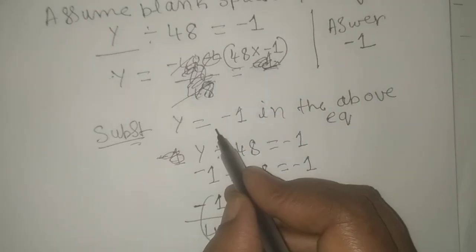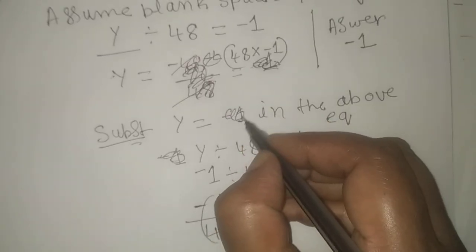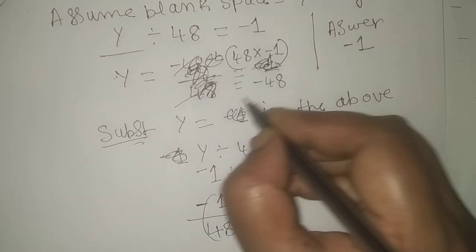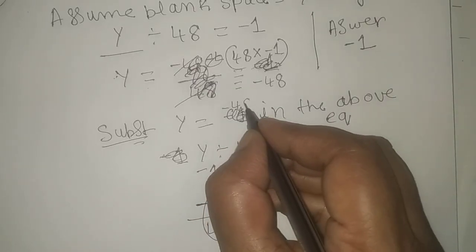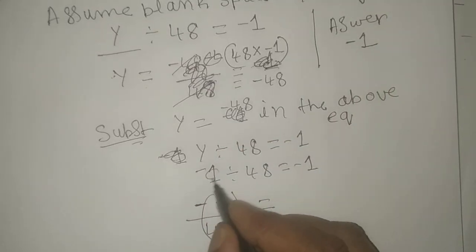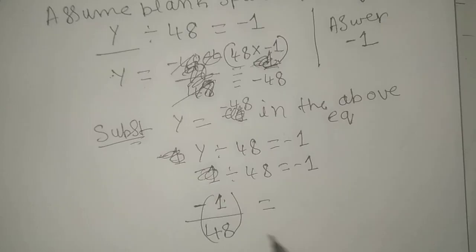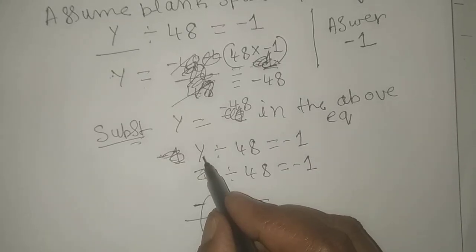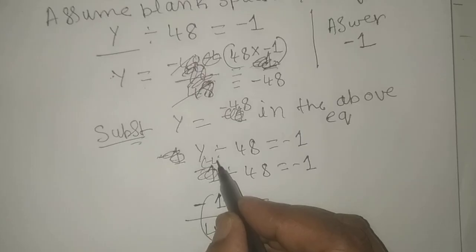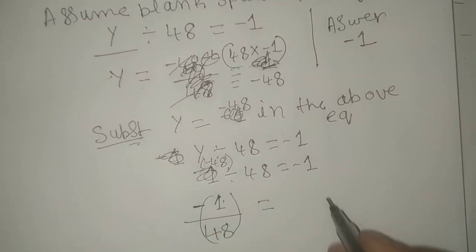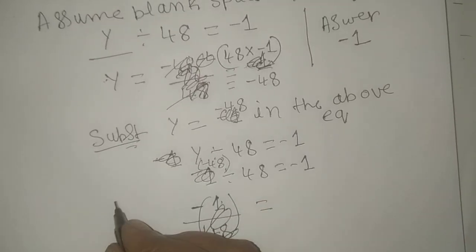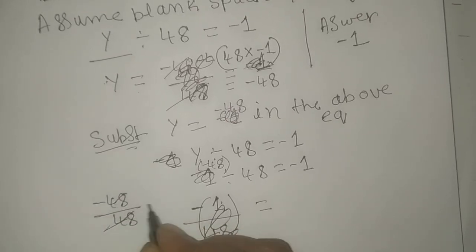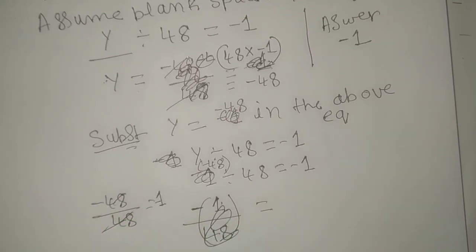So then y is equal to minus 48. Here y is minus 48. So what is the answer now? Minus 48 divided by 48 is equal to minus 1.